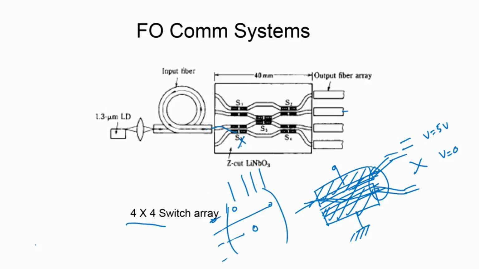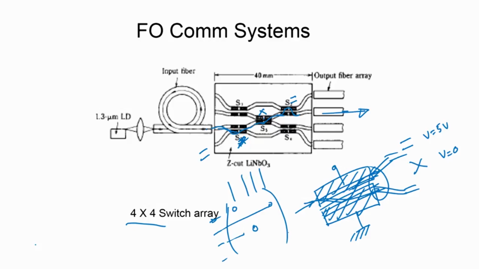For the time being, let me say the third one is in the bar state, the light goes back, and here also I would switch to the crossover state, light goes into this, and I will retain this once again in the bar state. So, bar state for this, crossover state for this, and bar state for this will send the signal into this port.